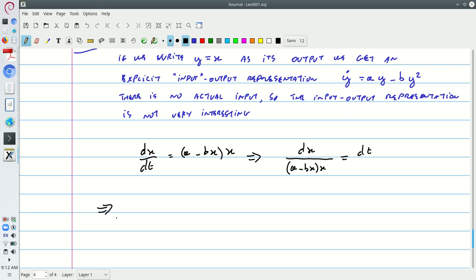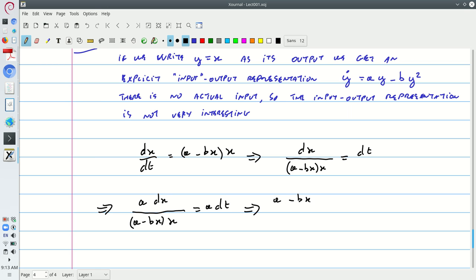Since I want to make the integration easier, I manipulate this left hand side a little better. So what I'm going to do is multiply both sides by a. Why not? So that my expression becomes this. Then on the left hand side at the numerator I'm going to subtract and add the term bx, like this.